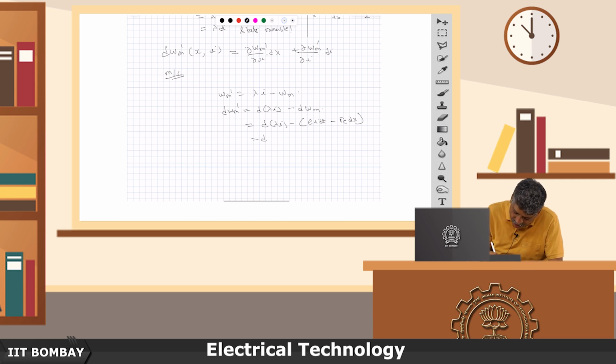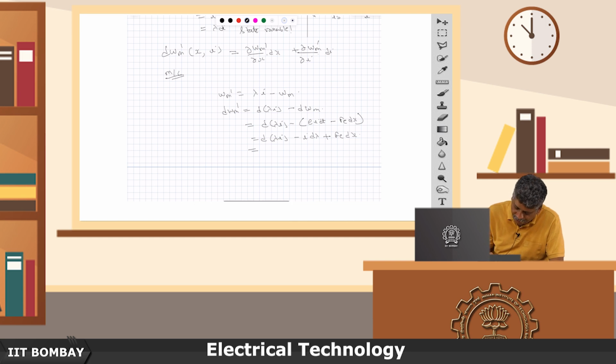So, this becomes d lambda I minus I d lambda, because E will be substituted as d lambda by dt. So, dt and dt will go away, and this will be left with I d lambda plus FE dx.